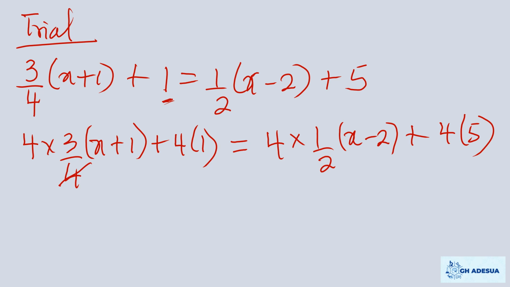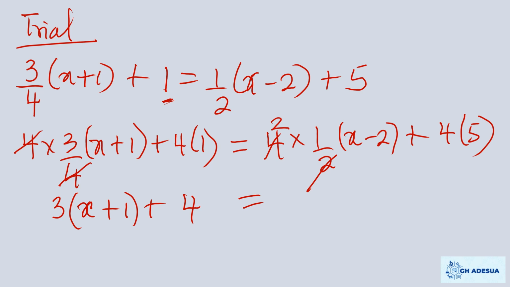So the 4 cancels the denominator, and we'll be left with 3(x + 1) + 4, 4 times 1 is 4, is equal to 2(x - 2) + 4 times 5, which is 20.